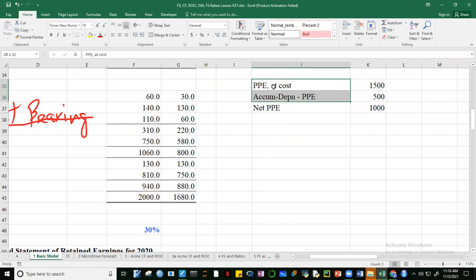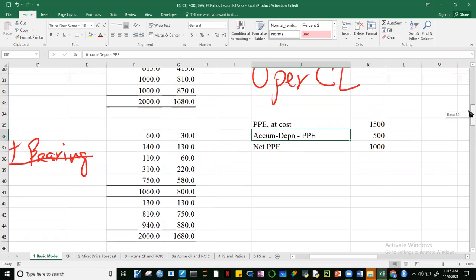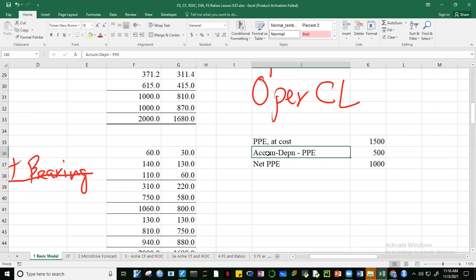For the first one, you're given the PPE at cost. So this is the acquisition price. And then we subtract the accumulated depreciation, which, as we defined last time, is a contra asset account, to get the net PPE.